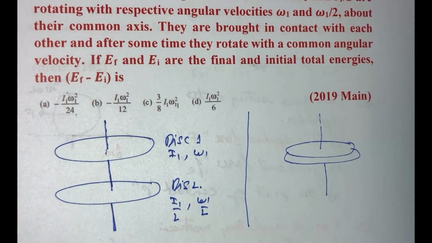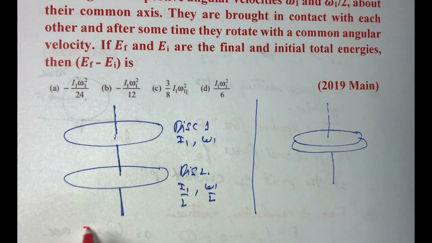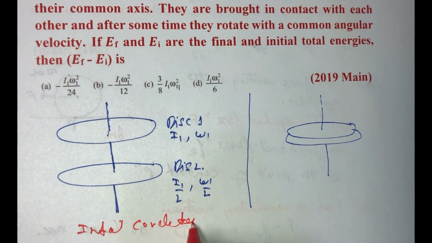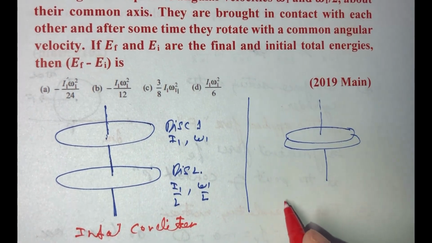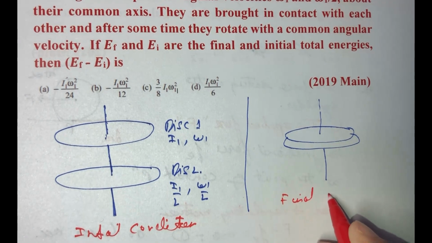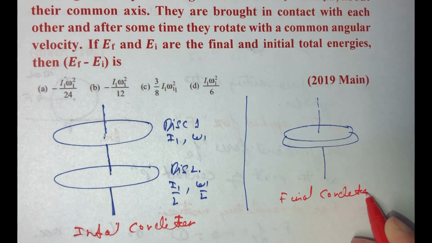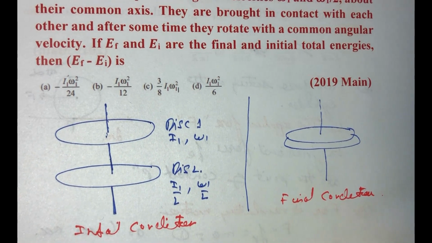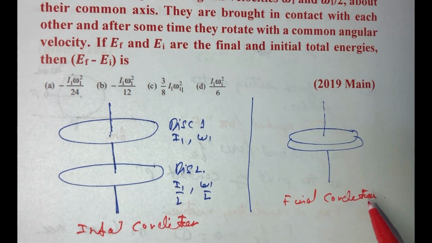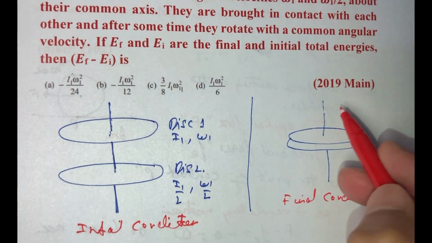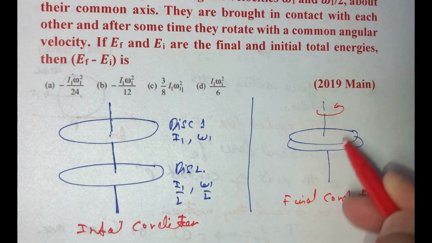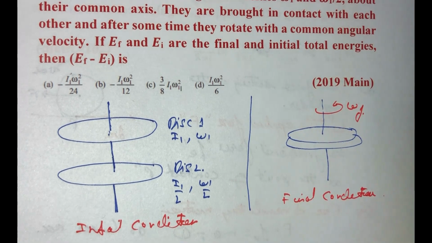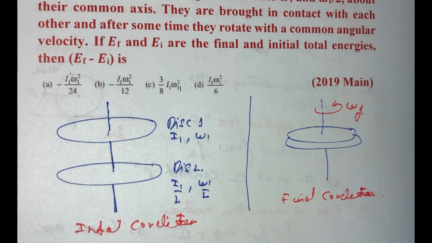So we say this is the initial condition, and this is the final condition, and in the final condition we assume that they are moving together with the angular velocity of omega f.